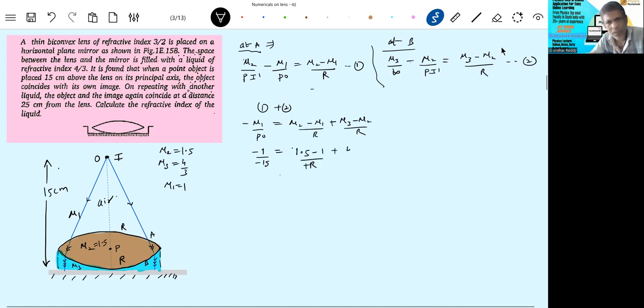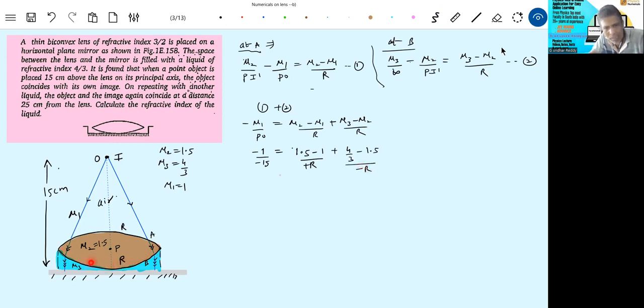This mu3 is how much? 4 by 3, minus 1.5 by minus R. Why the negative sign? The radius of curvature here is minus R. Or here only I'll write it as minus u plus R. I think this would be a better idea. Solving this, we'll get an expression for R.